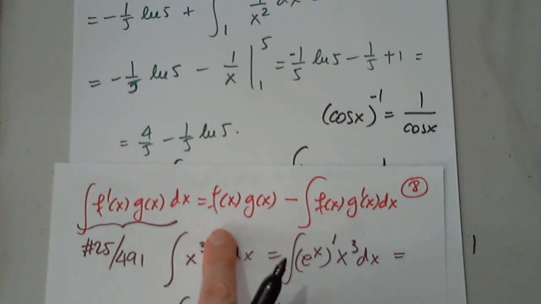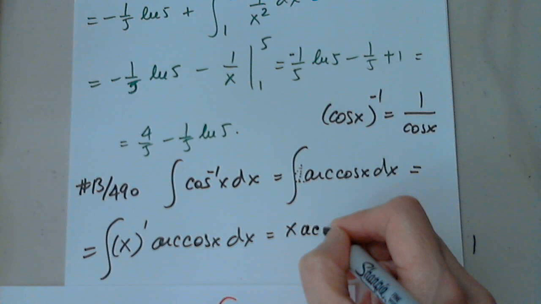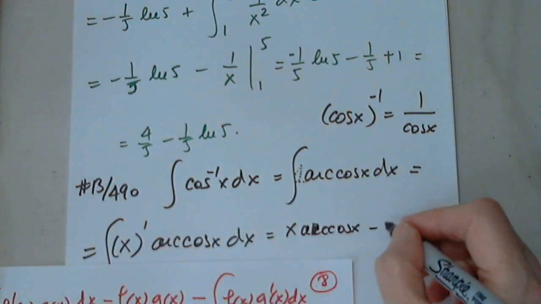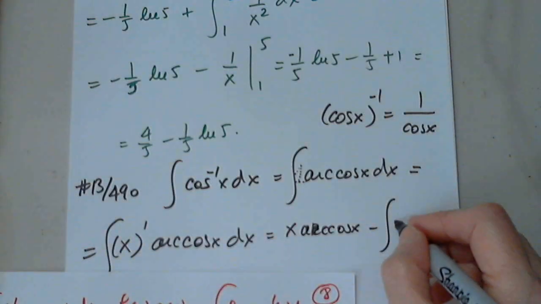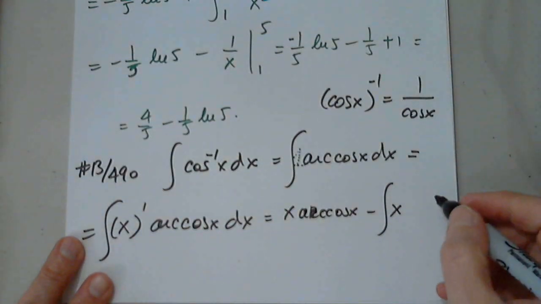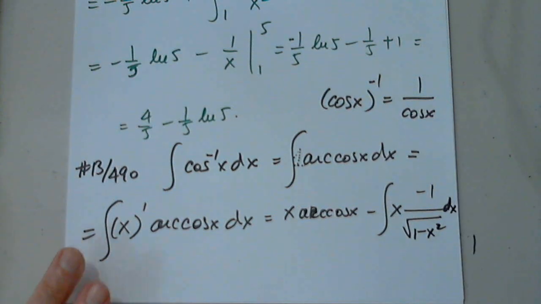This is dx. So then I have fg, no problem. And then minus the integral of, I keep x, of course, because that's the f now. I differentiate this. I hope you all remember negative 1 over the square root of 1 minus x squared dx.